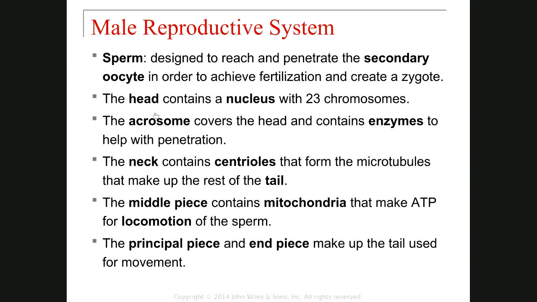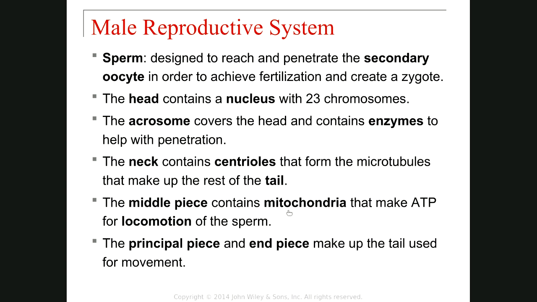The head of the sperm contains a nucleus, and in this nucleus we have 23 chromosomes. The neck of the sperm contains the centriole, and the centriole can make microtubules which make the flagella and the tail of the sperm. The middle piece of the sperm contains mitochondria to make enough ATP for locomotion and swimming of the sperm.